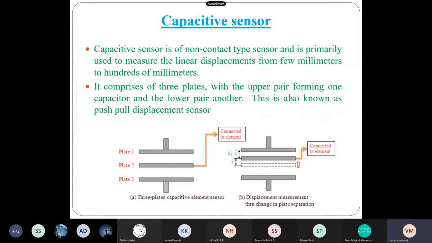Now we'll talk about capacitive sensors. The two major sensors used in industry are inductive sensors and capacitive sensors. Usually non-magnetic materials like glass, plastics, erasers, tape, masking tape, pencils, bottles, even human hands are identified through inductive sensors.